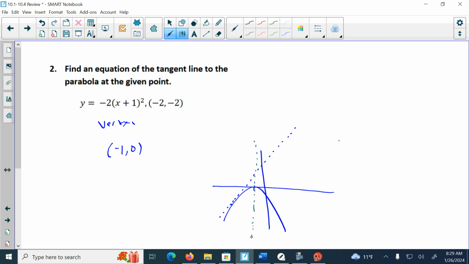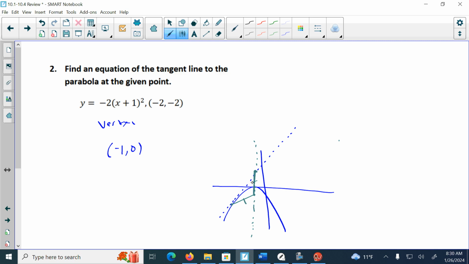So just to refresh you, everything's going to happen on this axis of symmetry. And so what I need to do is find the focus, because the distance from this point to the focus is going to be the same as the distance from the focus to the place where the axis of symmetry crosses that tangent line. Those two are the same. So the first thing I have to do is find my focus.